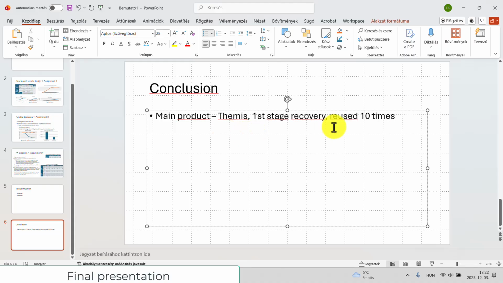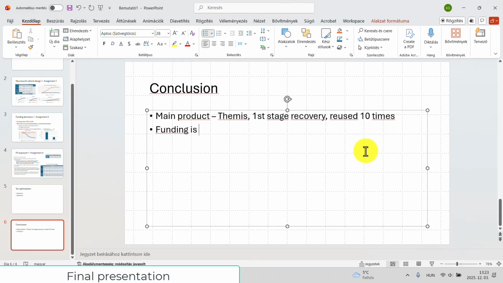Now this number is also really old, because now SpaceX relaunches it 20 times, and now we are even above 500 relaunches of the first stage. So this is the lag we have to face in this industry right now. Only Blue Origin was able to recover the first stage 2 weeks ago. So now they are the second company on this market who can do it, and still they are not relaunching it. Okay, so the main product is here.